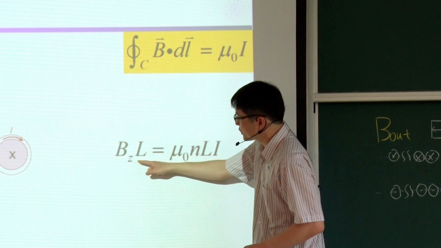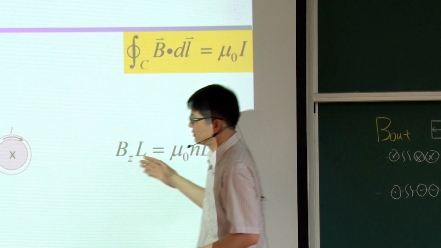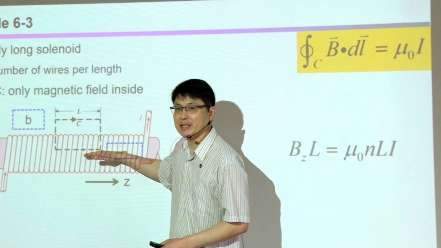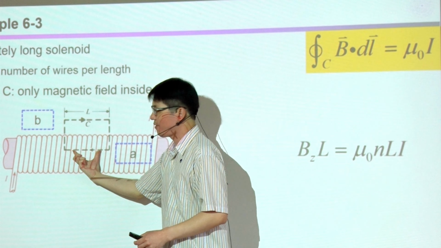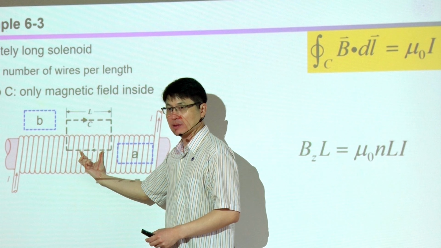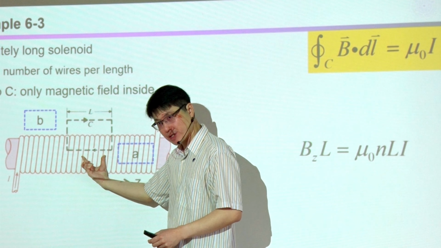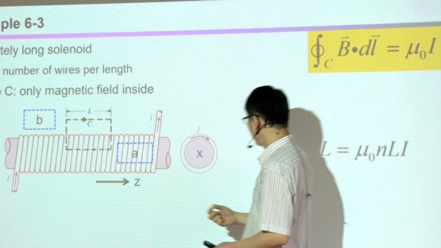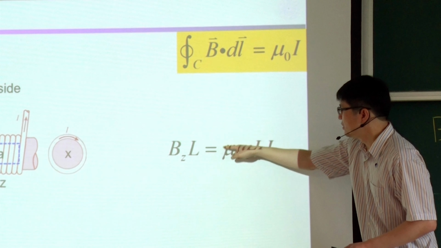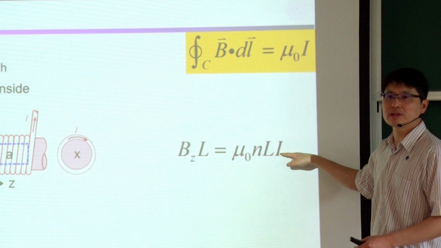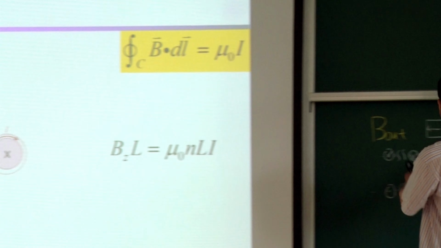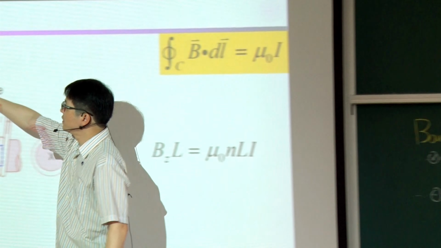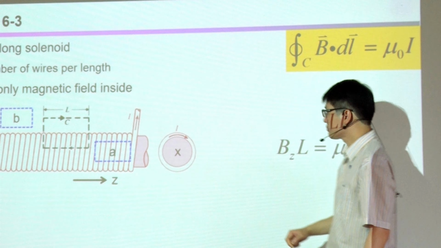The reason we can just write B_z times L, this B_z is B inside, B in, right? B in times L, that is your line integration, equals this quantity. Well, this quantity is direct and straightforward because whenever you have the length L, you know your wire density.